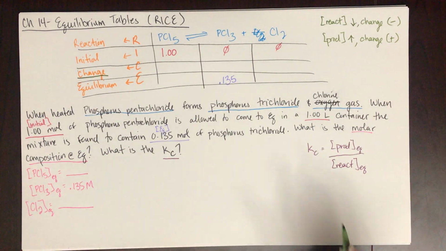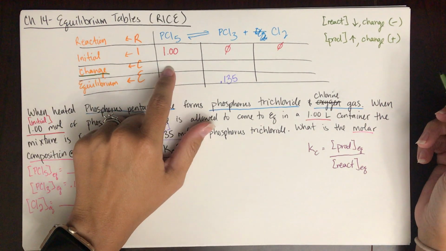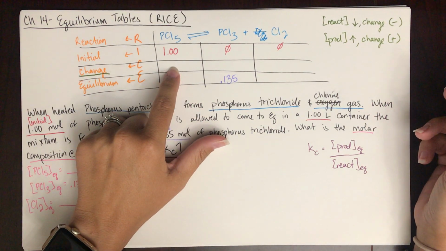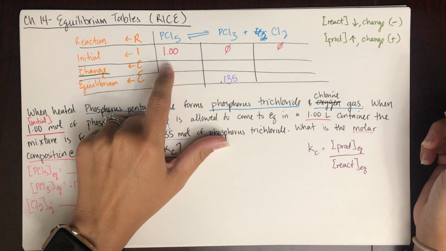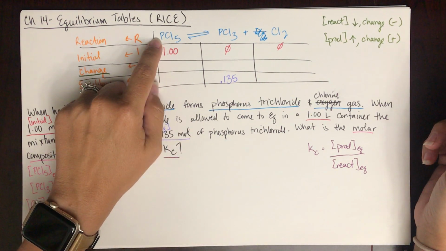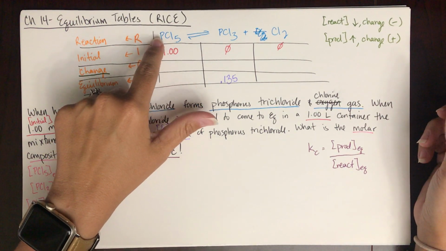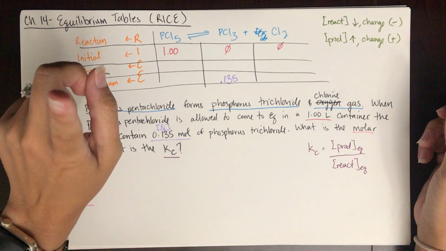So the amount by which this changes is X. The concentration of the reactants is always going to be minus X, and X is based on the coefficient of that species. So for example, this phosphorus pentachloride, I have 1 mole of it.